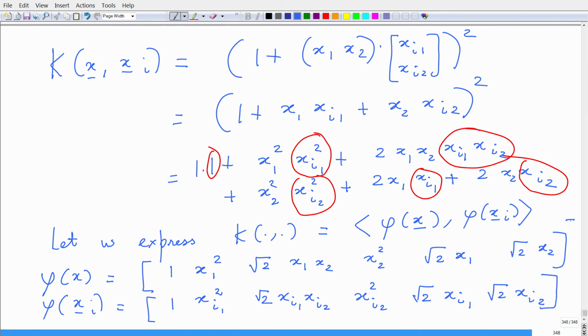So I can put a transpose here to make sure everything is right. Now, the inner product between phi of x and phi of xi gives me k, right. Phi of x transpose times phi of xi gives me this kernel.